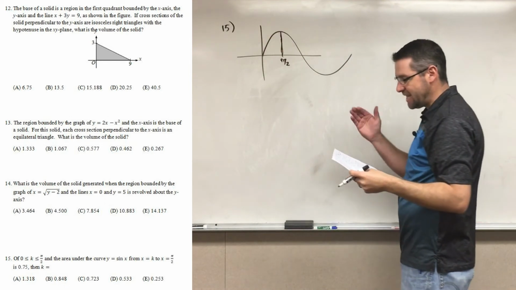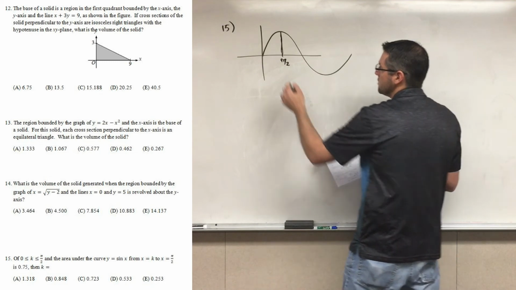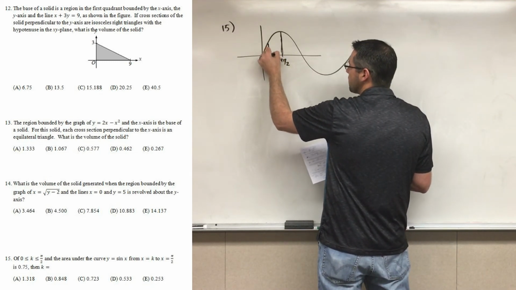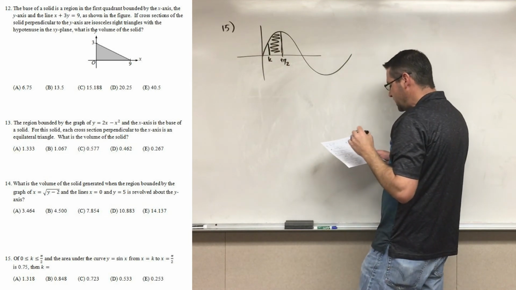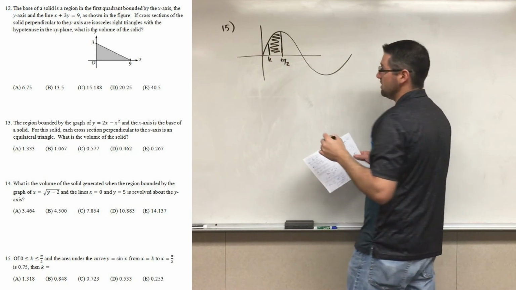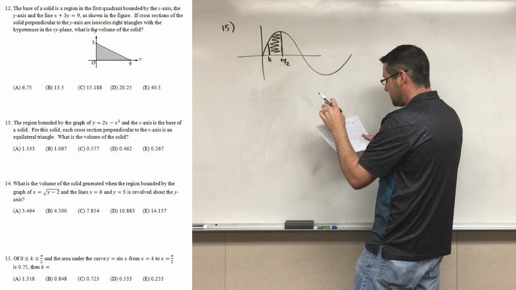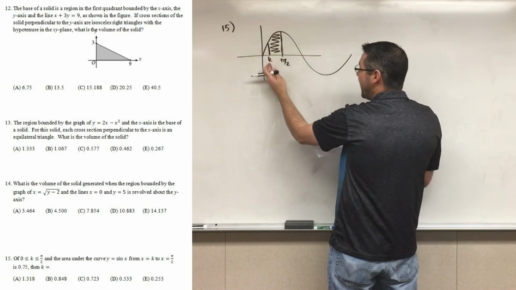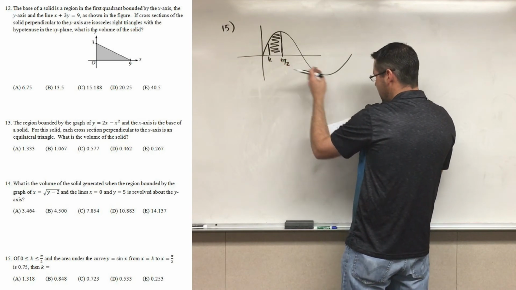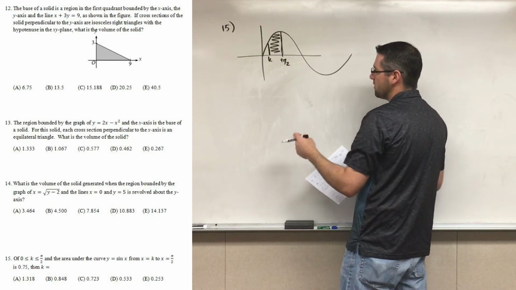Well, notice it says that k is between 0 and pi over 2. So that means k is somewhere in here. So this area is equal to 0.75, it says. Let me reread it. It says the area under the curve of sine of x from k to pi over 2 is 0.75. And then we're looking for k.